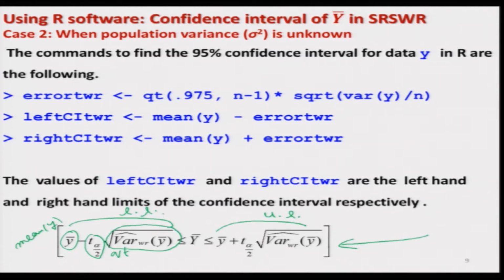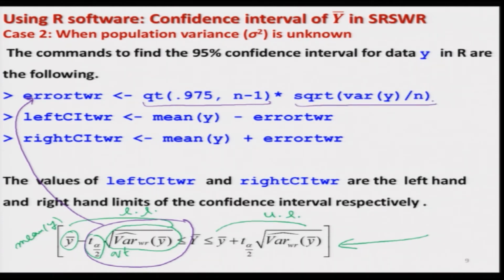So this part, I am trying to compute in this function error TWR, which is here qt, that is the value of t, and then I am trying to find out the variance and then taking its square root.